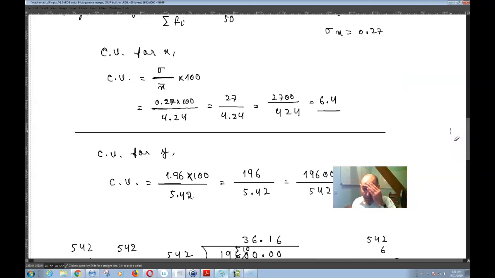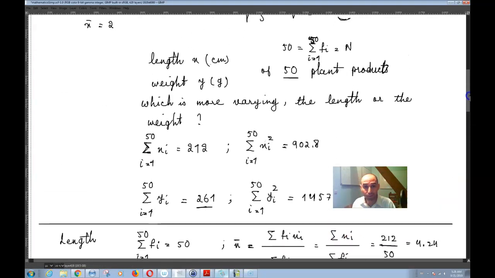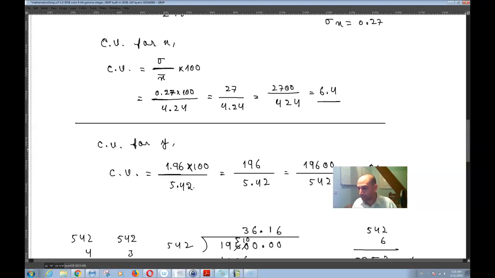And of course you can see that the weight was more varying, basically more variable. Let's take a look at the answer here.